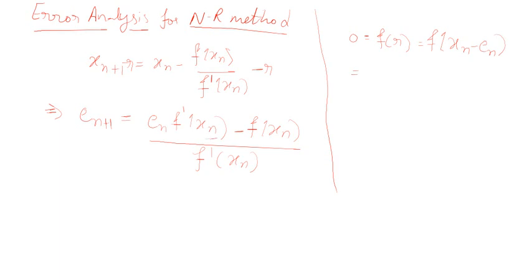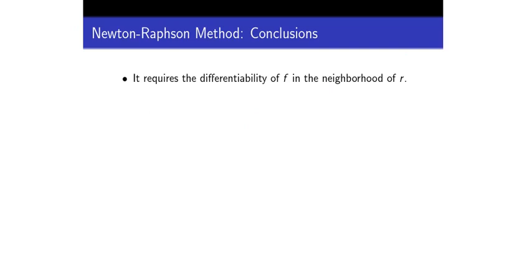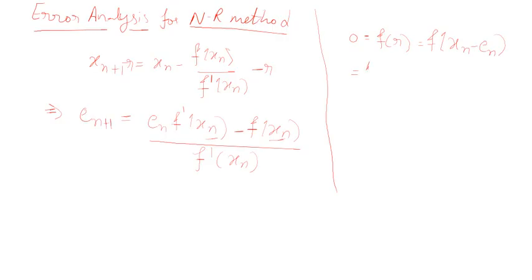So I can write this as f of xn minus en f dash of xn plus en square by 2 factorial f second derivative at gn, where gn lies between xn and r.